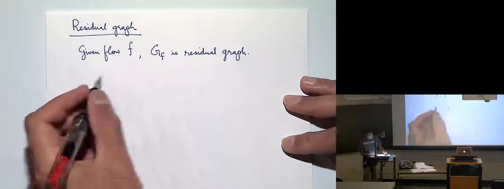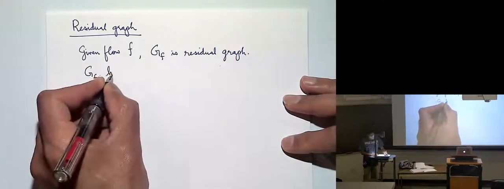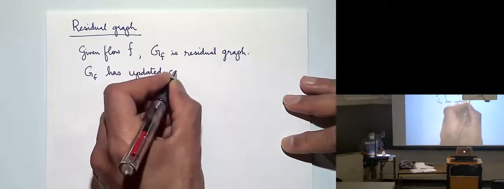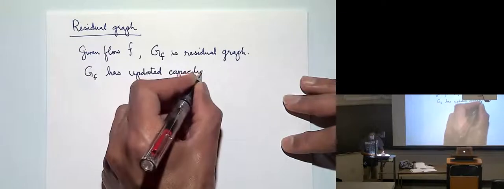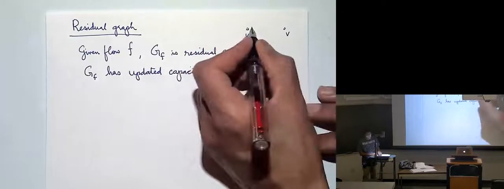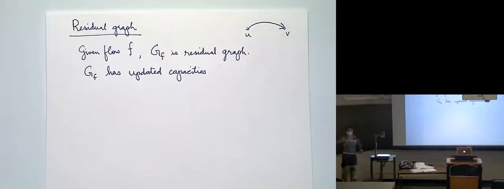The way to think about it is that G_f has updated capacities. If you have an edge uv, let's just assume that capacities were only in one direction, just to keep things simple. So initially, for every edge, you can only send flow from u to v or v to u, not both. Let's keep it simple.